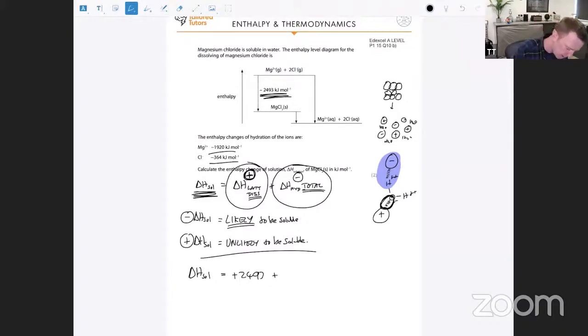So plus minus 1920 and then plus 2 times minus 364. Why have I put that sneaky little 2 in there, guys? 2Cl. Kay has already said it. I love it when you guys answer questions that I haven't already asked. All right, so 2Cl there. And our delta H solution should be -155 kilojoules per mole.